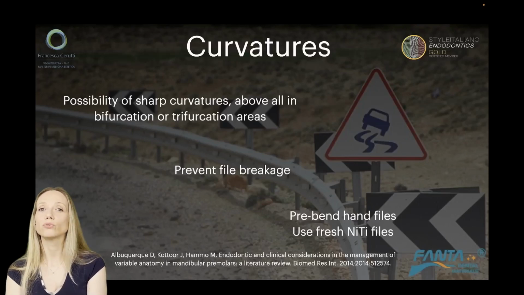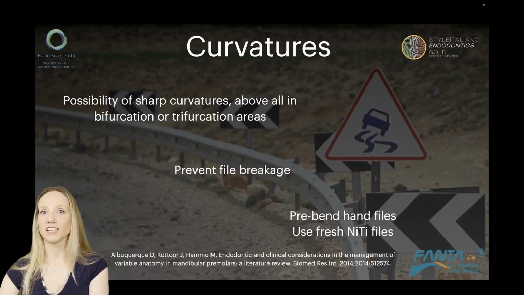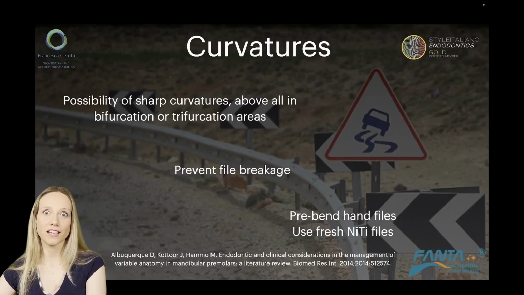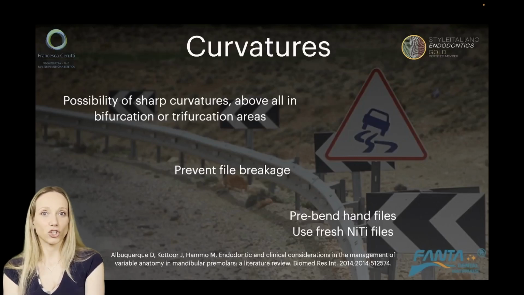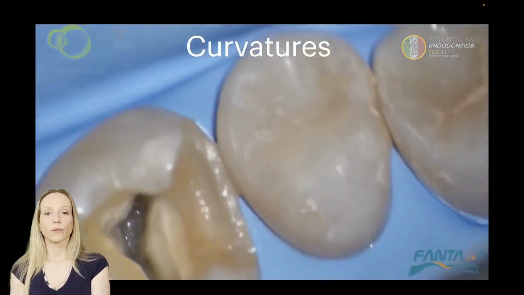Do not reuse them after having treated a difficult tooth, and in the same way do not take a file that has worked for 6, 7, 8 root canals and use it in a complex anatomy, because in that case the chance for that file to break becomes extremely higher.